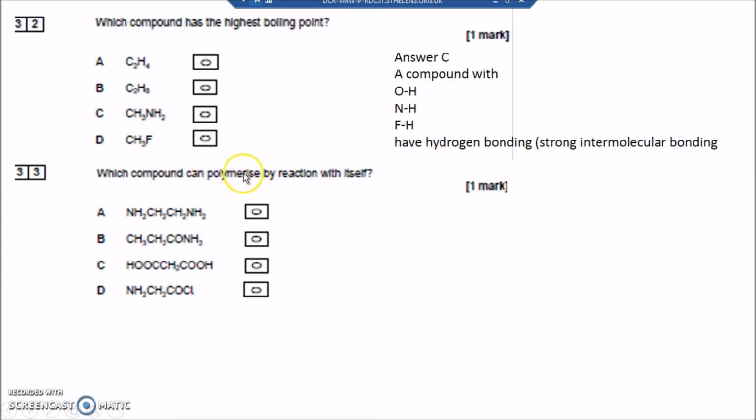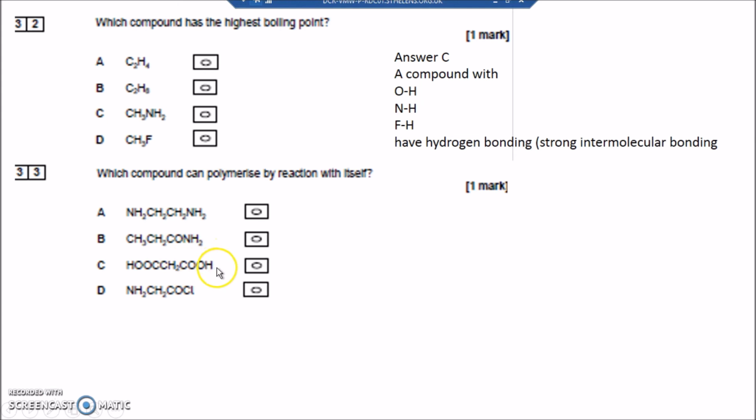Which compound can polymerize with itself? So it's got to have one group at one end and a different group at the other end, and the one group at the one end can bond to the other group at the other end and form a polymer. So what kind of groups are we looking at? Well, you could have a carboxylic acid group with an OH, except that's two carboxylic acid groups, that's not two different groups.